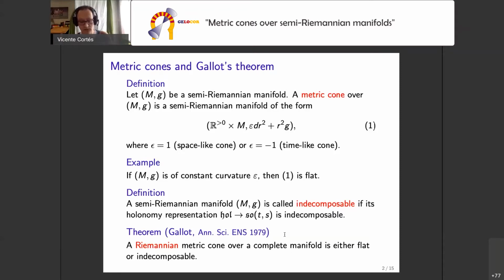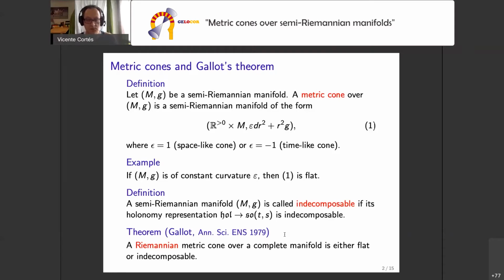And for instance, this was used by Christian Bär in his classification of manifolds with Killing spinors. He translates the property of having a Killing spinor into the property of having a parallel spinor on the cone. So Killing spinors on the base manifold correspond to parallel spinors on the cone, and of course parallel objects like tensors or spinors correspond to invariants under the holonomy representation.